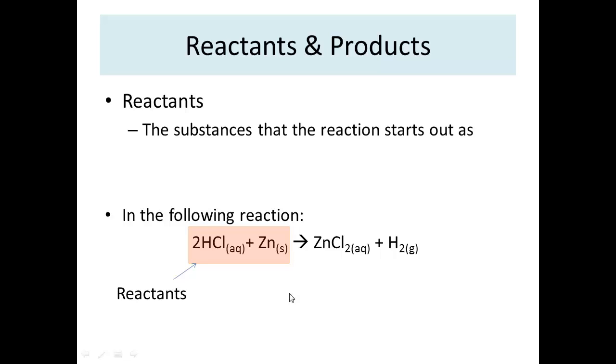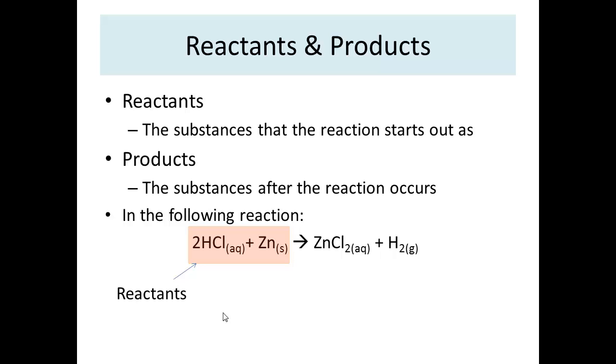So we start out with the reactants, and I highlighted those in that peachish color. Those are the reactants, what's on the left side of the arrow. The products are what the substances are after the reaction occurs, and they are on the right side, highlighted in purple.